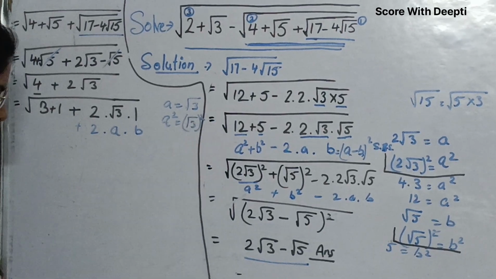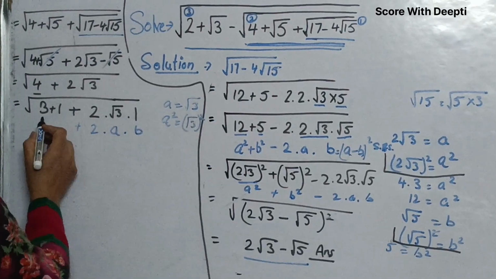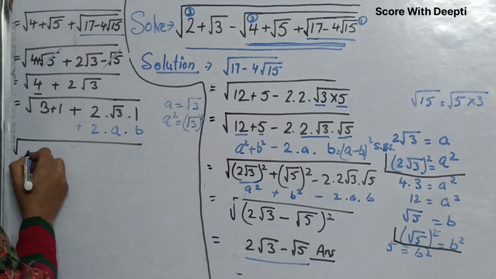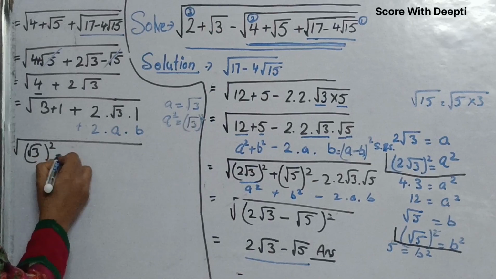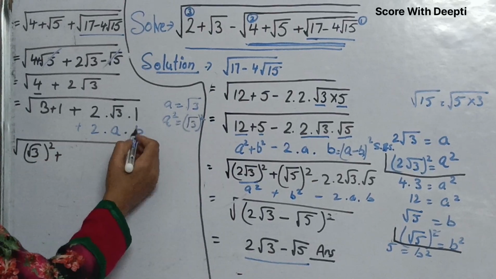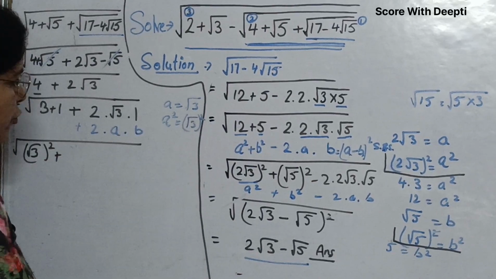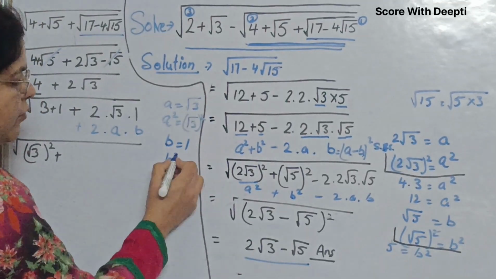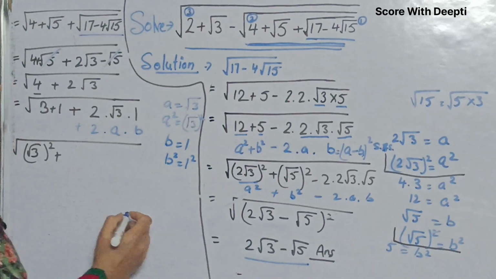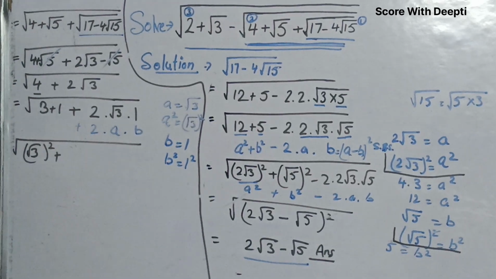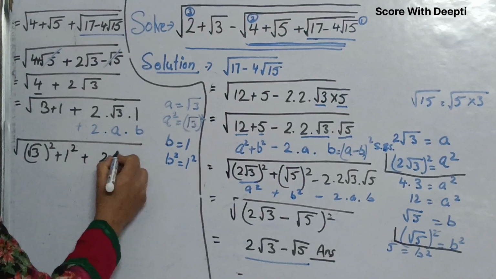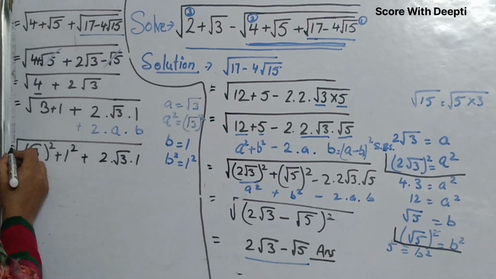If we solve this we get 3. In place of this we write square root 3 whole square plus 1, where b equals 1 and b square equals 1 square. So we write 1 square plus 2 into square root 3 into 1.